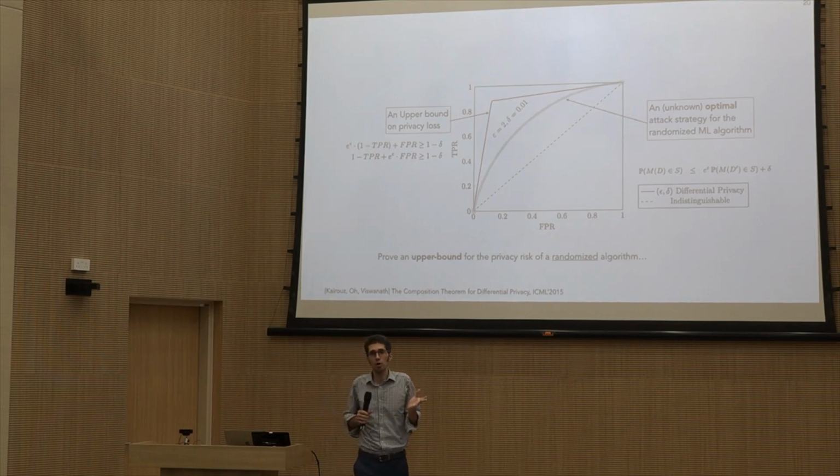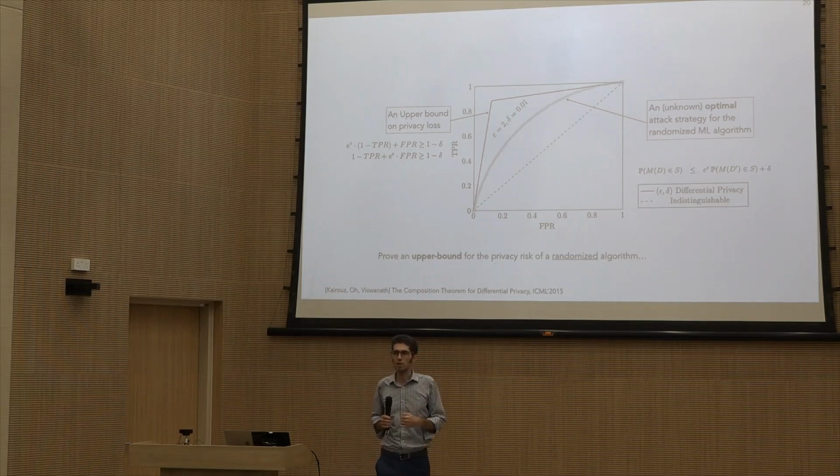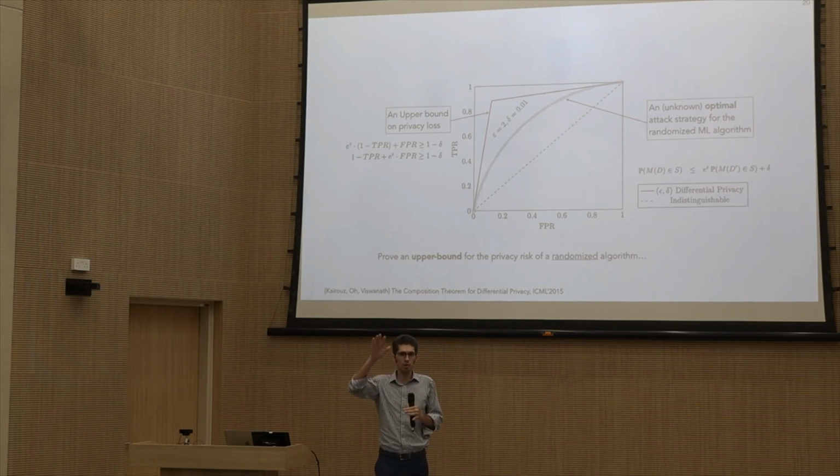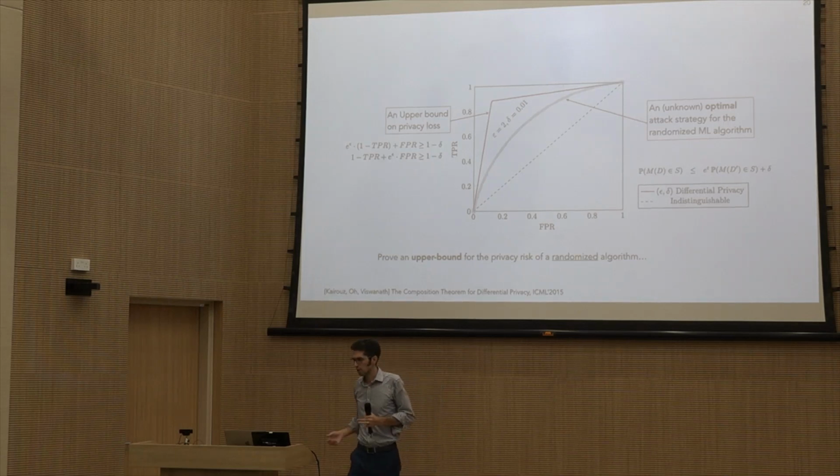Like a constant model which is independent of its training set leaks 0 information about the training set, right? It doesn't matter if Z is there or not. So there is a trade-off here between privacy and accuracy of the model, because if you over-randomize it, you get a much tighter bound. The bound gets closer to x equal to y, FPR equal to TPR, but at the cost of accuracy. But that's a difference.